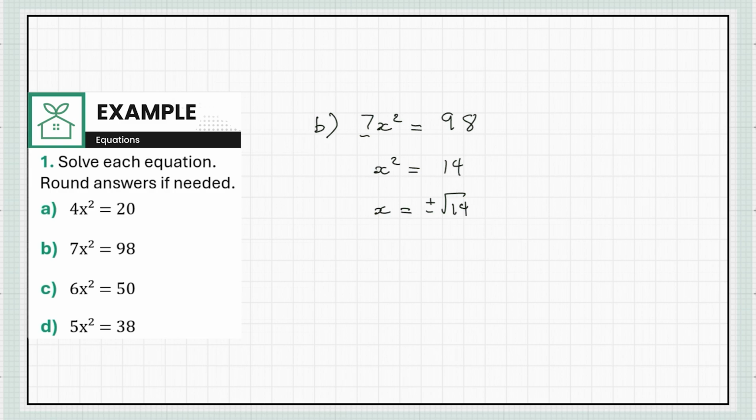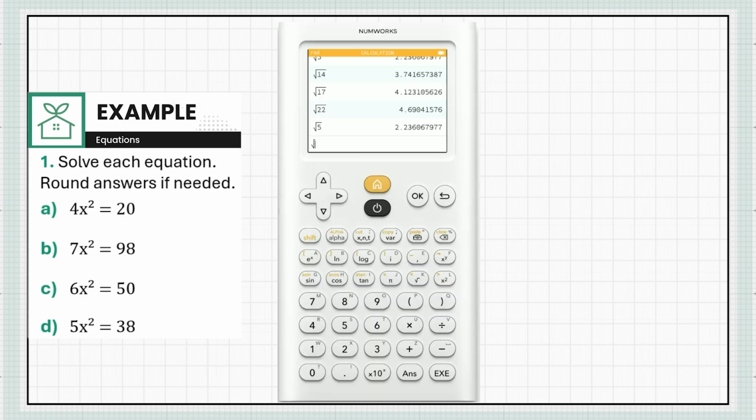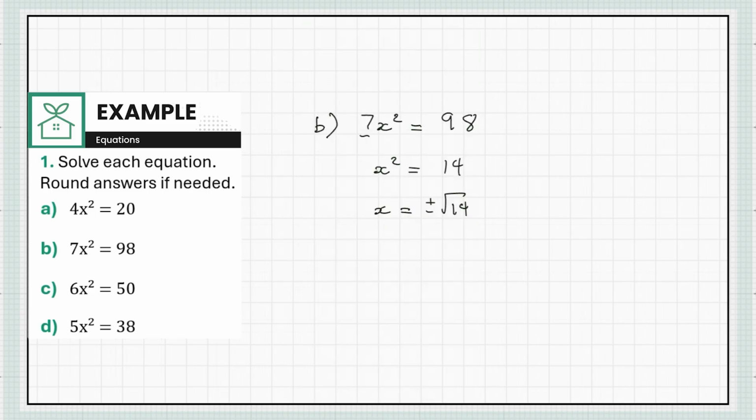So we're going to bring up our calculator and do the square root of 14. Okay, 3.74. So x is going to be equal to plus or minus 3.74 to 2 decimal places.